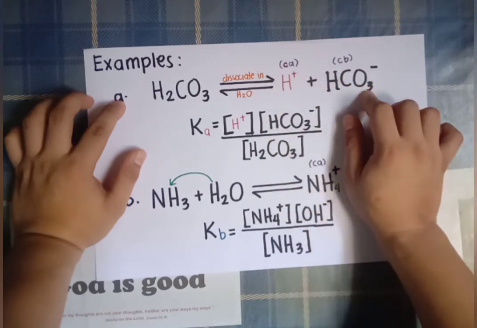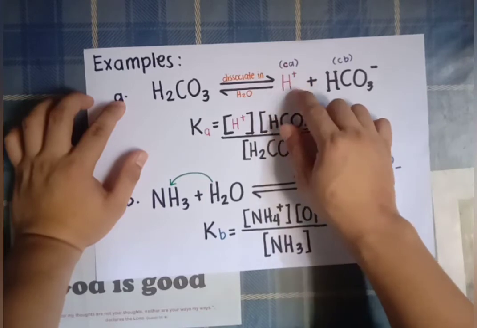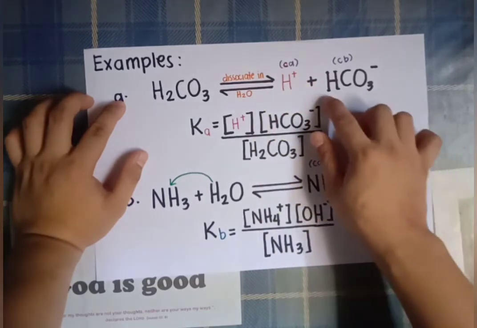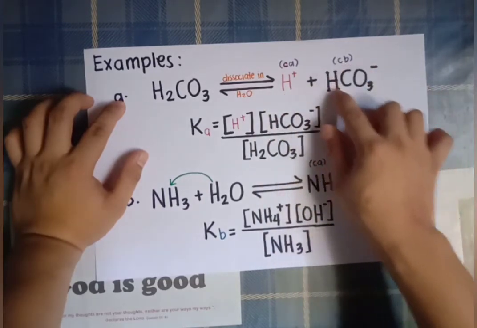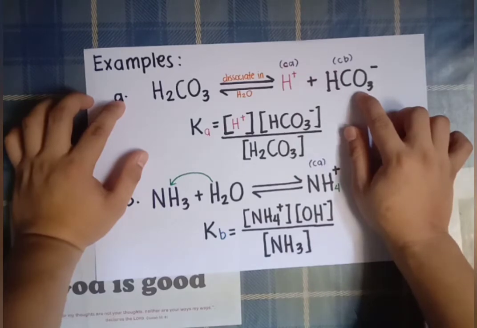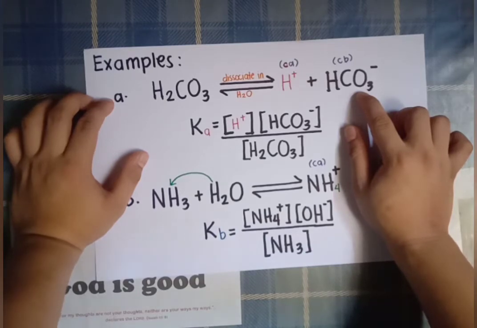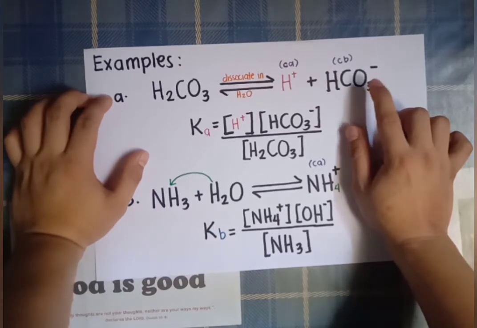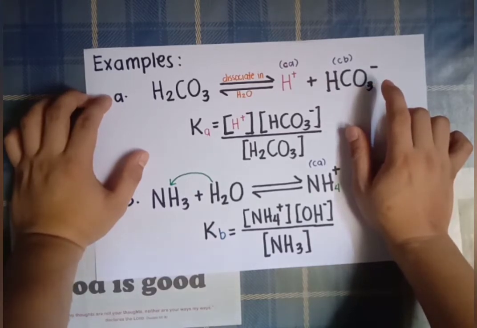So our conjugate acid here is H positive, and our conjugate base here is our HCO3, or the bicarbonate ion. Now again, the dissociation constant expression is product over reactant. And if we have multiple products or multiple reactants, we are just going to multiply those multiple products to their fellow product, or to their fellow reactant.